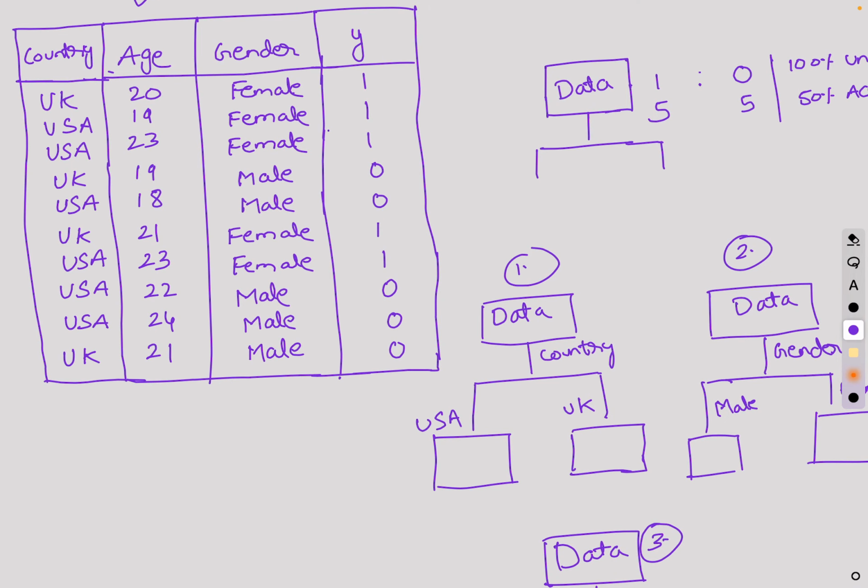So if I divide my data on the basis of country, how many records do I have that belong to USA? I have 1, 2, 3, 4, 5, 6 records. Let me write this down.